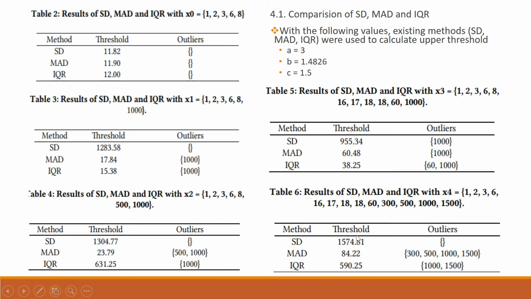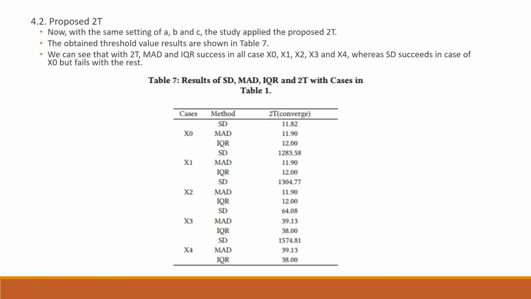For calculating these thresholds we had used A equals 3, B equals 1.4826 and C equals 1.5 in the Tmin and Tmax formulas. Now we will use the proposed 2T to calculate the threshold in order to check its performance.